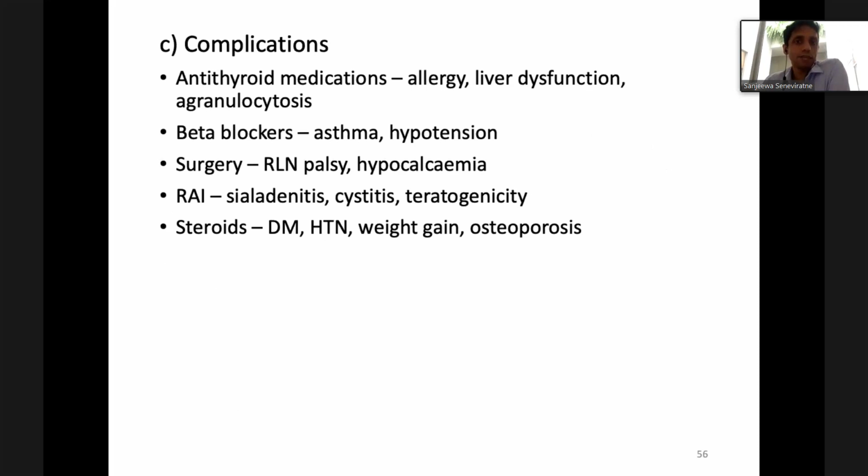We have discussed anti-thyroid medications and their side effects, beta blockers, that's another form of treatment, surgery, radioactive iodine treatment, and also we have mentioned steroids. So all those are different types of treatments that could be used in patients with Graves' disease and hyperthyroidism. So if you mention all the side effects, you would get full marks for these questions.